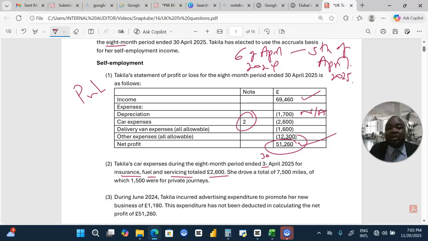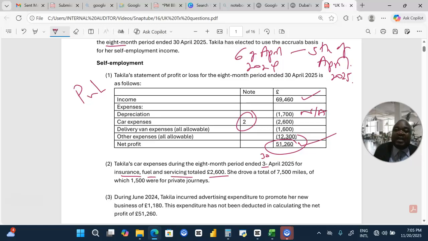The examiner doesn't want you to prorate, so you just have to prorate only based on the number of miles traveled. For businesses of individuals, you are not required to deduct expenses on private journeys.